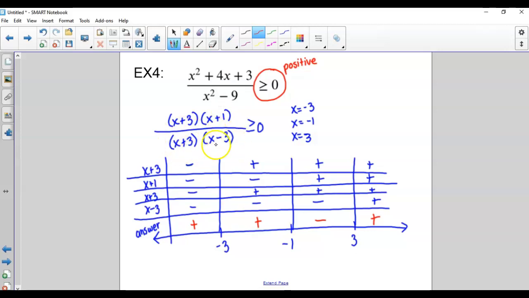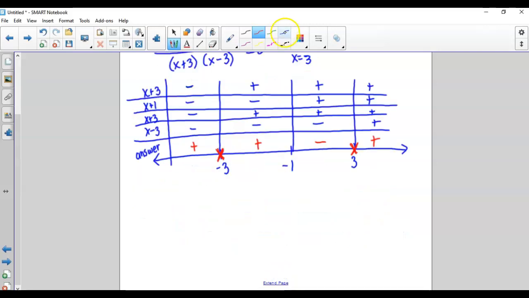So if you're looking in your denominator here, x cannot equal negative 3 and x cannot equal positive 3, because if you plug in either one of those values, then you're going to get a 0 in the denominator, which makes the expression undefined. So that means even though we have the or equal to sign here, we cannot include negative 3 or positive 3 as part of our answer.